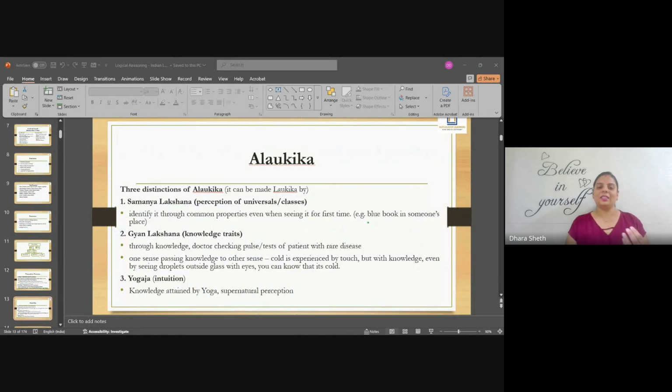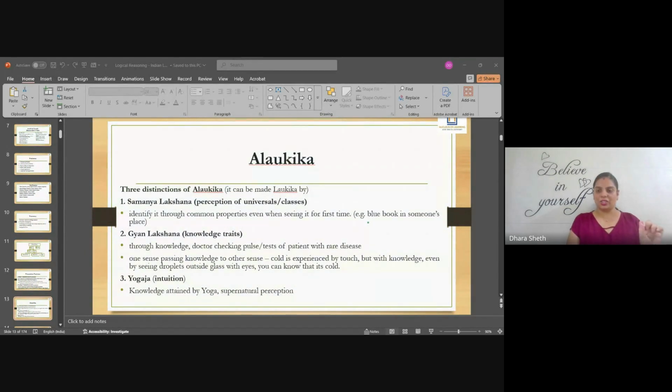When you can pass the knowledge from one sense, from the sense of touch to the sense of eyes, just by looking at it, you can guess, not just guess, you can understand, you can perceive with your eyes that this is cold, because you are actually seeing those droplets of water which are formed because moisture accumulates on that cold glass.